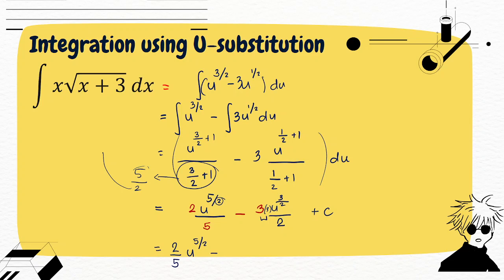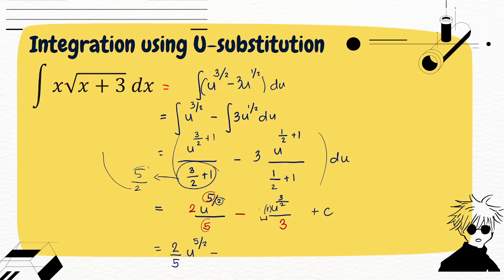Ay, anong reciprocal ng 3 over 2? 2 over 3. Mali. Nasa ilalim ko ay 3. Basta yung numerator, siya yung nasa ilalim.